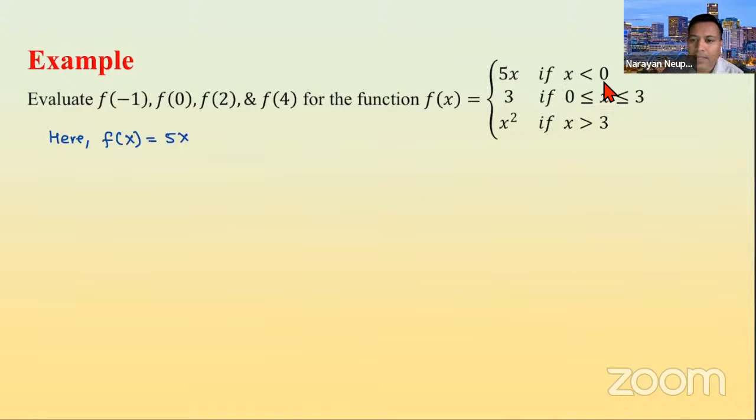f of x equal to 5x if x is less than 0. When we say less than 0, that means the values are from negative infinity up to 0. But you can see that there is no equal sign there. That means 0 is not included.